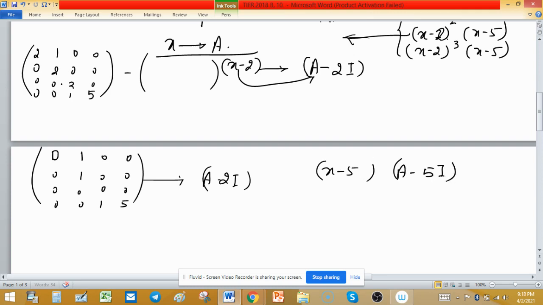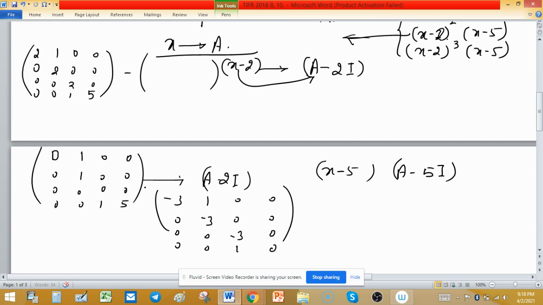So 5 times the identity matrix will give minus 3 0 0 0, 1 minus 3 0 0, 0 0 minus 3 1 and 0 0 0 0. Only the diagonal elements will be changed.